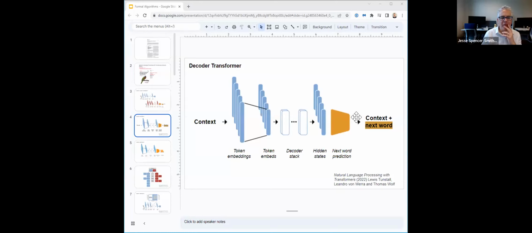So let me, so the context goes in all at once. We do positional encoding, but it's not really just processing the context one token at a time. All the context goes in. You can think of that as a prior. Then that entire context moves through all at once.